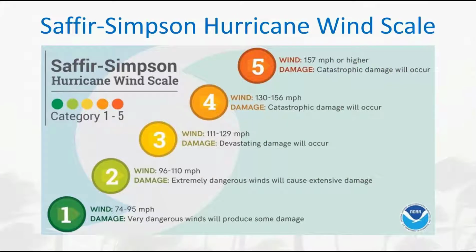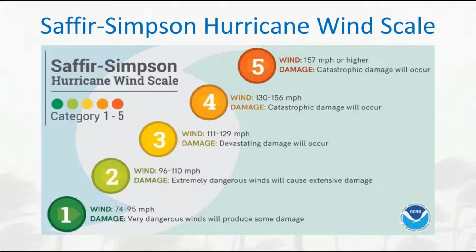So next we'll cover the Saffir-Simpson hurricane wind scale. Once a tropical storm strengthens into a hurricane, they're categorized into 5 groups, which show how strong they are and what kind of damage can be caused. When a hurricane has sustained winds of 74 to 95 miles per hour, it is considered a Category 1 hurricane. With a Category 1 hurricane, you can expect very dangerous winds, which can produce damage.